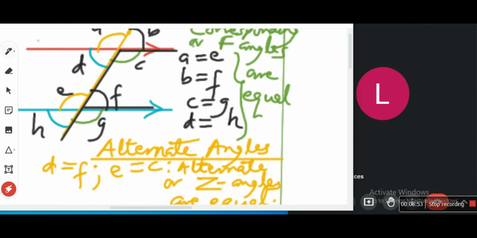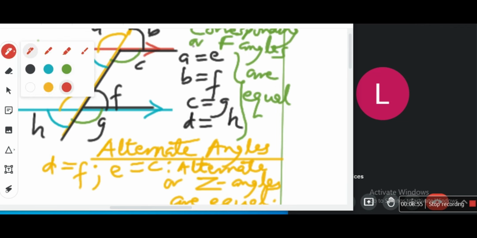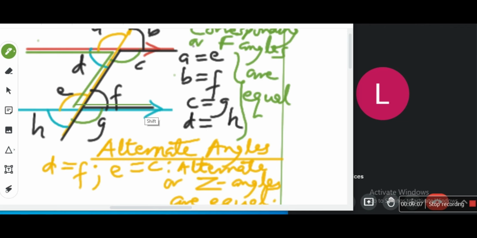Let me use green to draw it out. Now this looks like a Z. So Z angles are D and F, which are alternate angles, and C and E, which are also alternate angles.